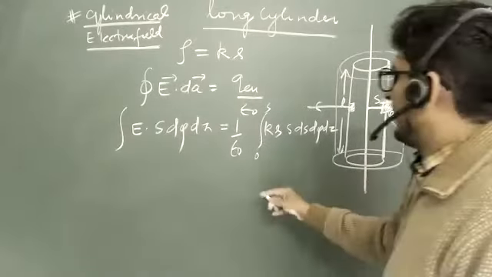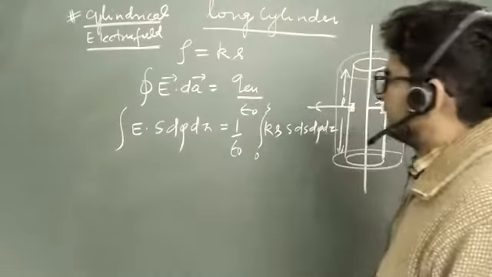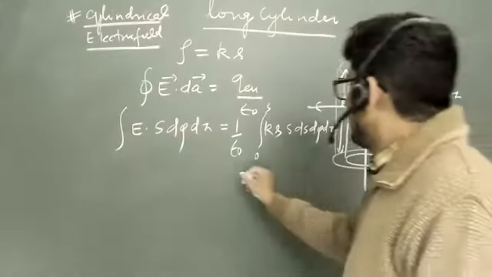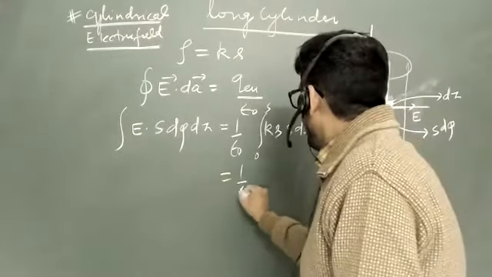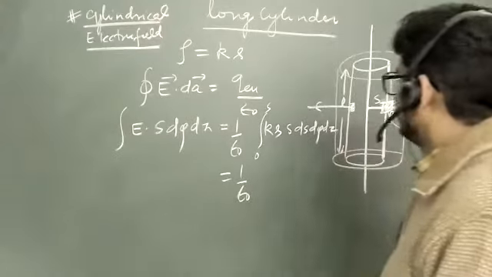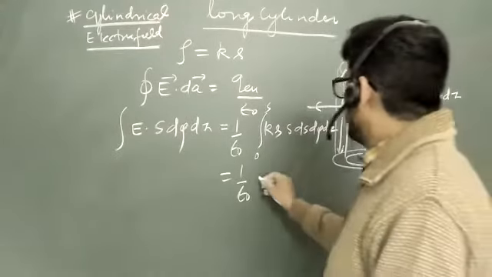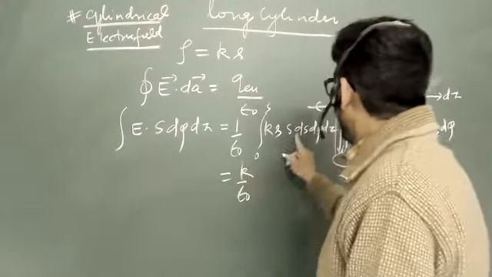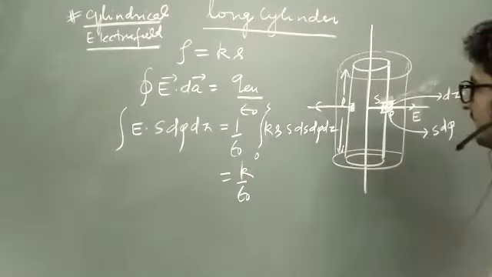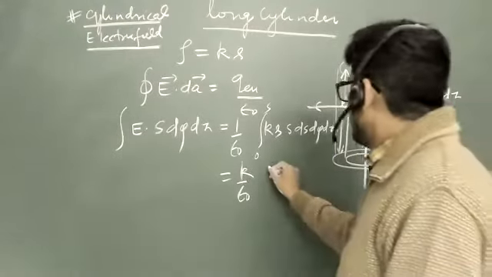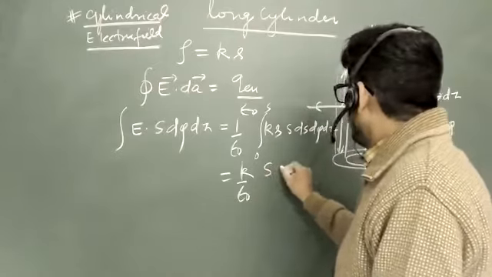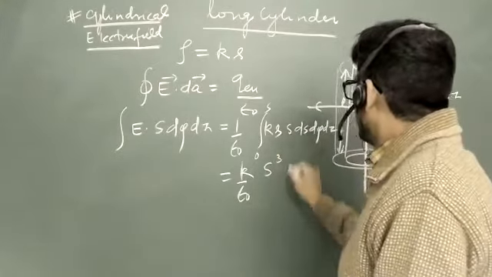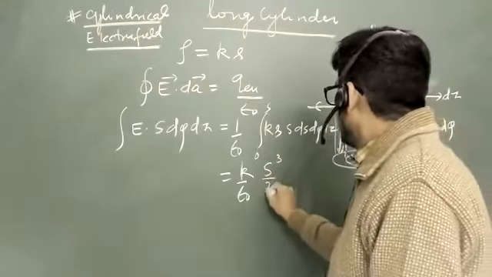So all that integral will result into what? This will become 1 over epsilon naught, K, and S square integrated will become S cubed by 3.